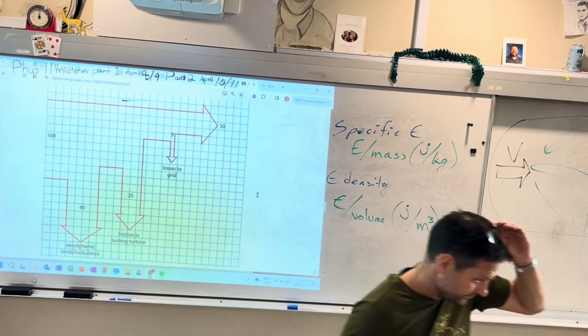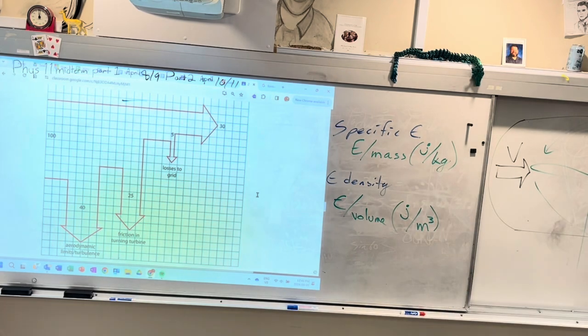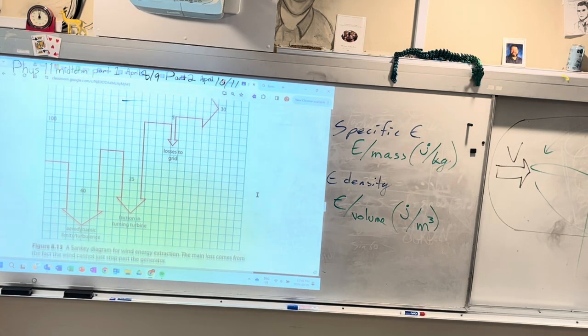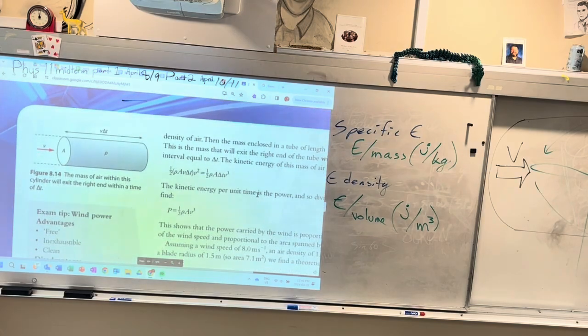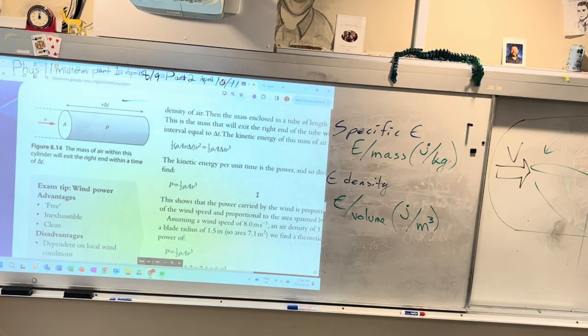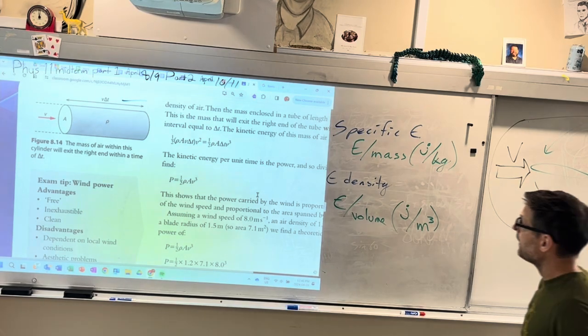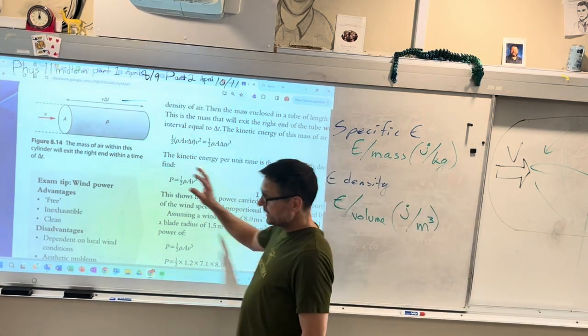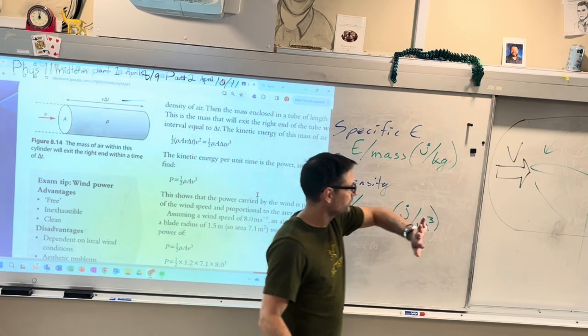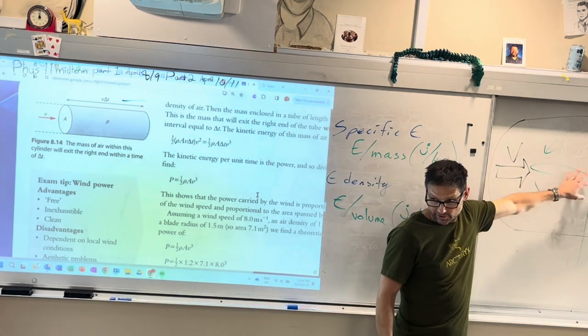Two questions. The excess velocity that we have after the turbine, what category does it go into in those three losses in the diagram? Well, in the Sankey diagram, you've already done this calculation.